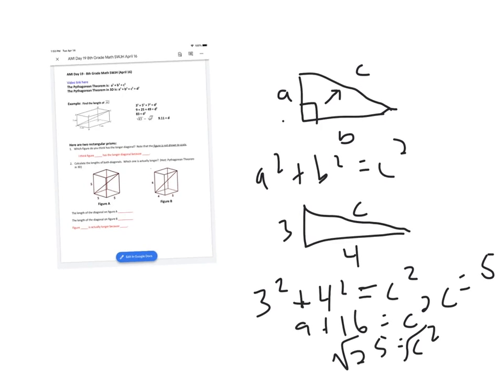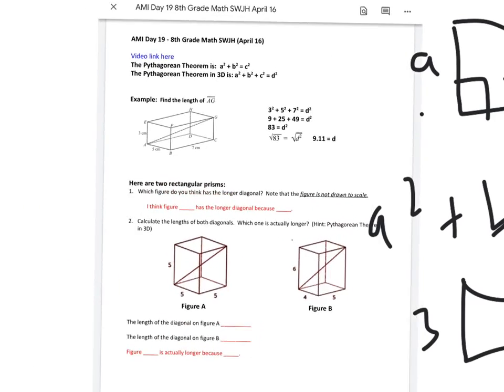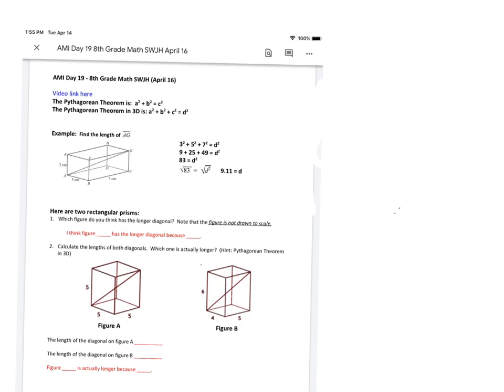So let's go back to our document here. So, as we look at this problem again, I would tell my students before we could find AG, we need to find the diagonal of the base.